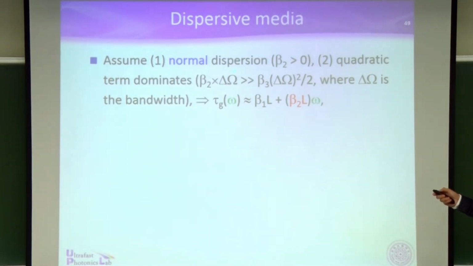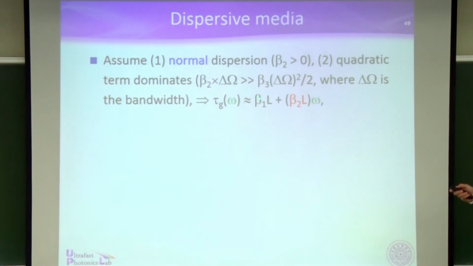So this is the contribution from the quadratic term. And this is the contribution from the cubic term. And if the quadratic term is much bigger than the cubic term, you can neglect the cubic and even higher order terms, only preserving the contribution from the quadratic term. Then group delay is a function like this.